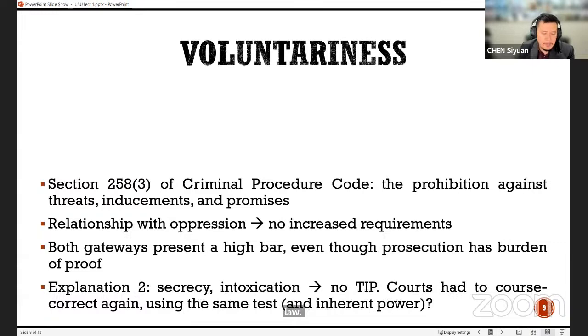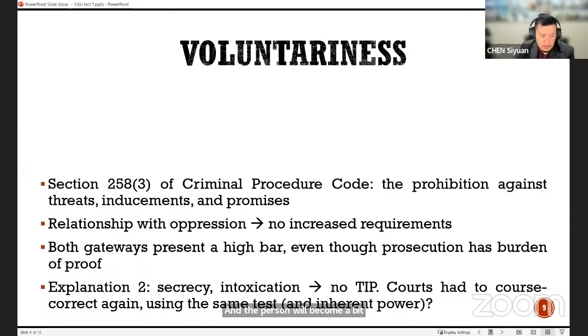Another example, imagine if the accused is a drug addict. And past a certain point, if the drug addict does not have access to his or her drugs, withdrawal symptoms would emerge, and the person will become a bit unstable, right?